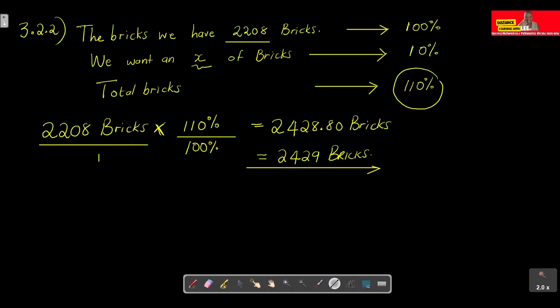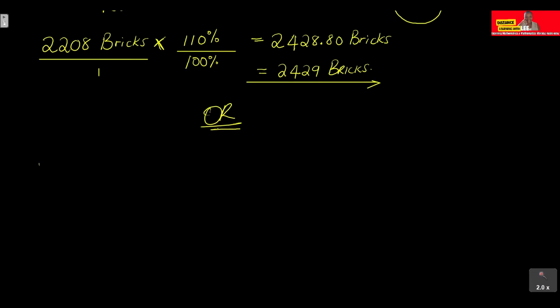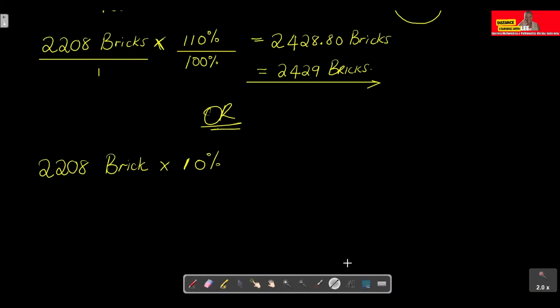Or you can look at it in this way. You currently have 2,208 bricks. You multiply by what you want, which is 10% more bricks, and you divide by what you already have.